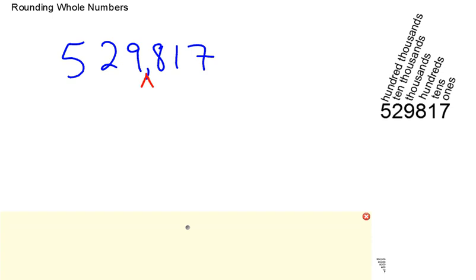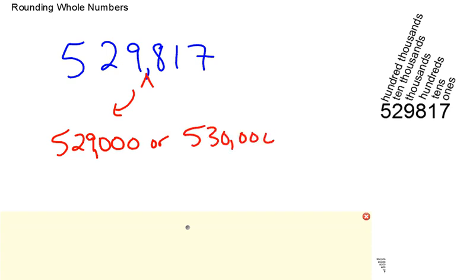So what we have to do is decide if this is going to round either this way, 529,000, or is it going to round to 530,000. Now we have to decide either or, and it's going to be based entirely on the digit that is after the caret symbol. In this case, it's an 8.